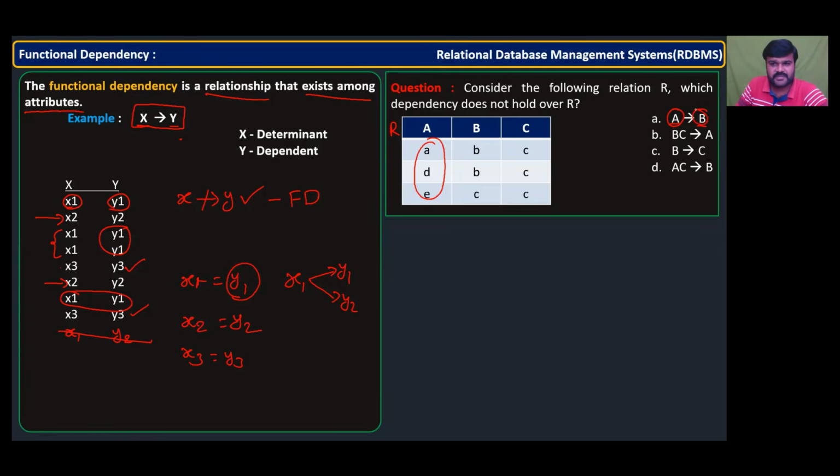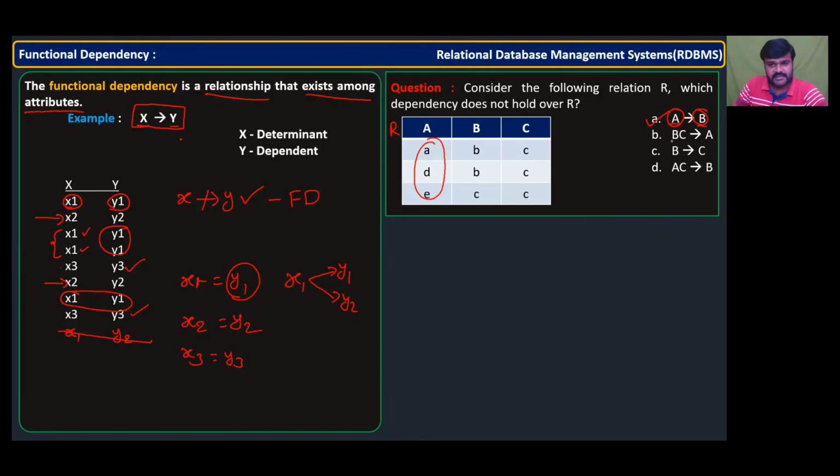Because all of them are distinct, whether the dependent values are the same or different, we don't bother. If in some places they are equal, like X1 here and X1 there, then you have to cross check. So in that way this is a valid FD, which means this is not the answer based on the question.